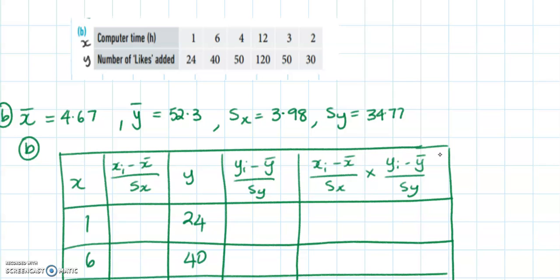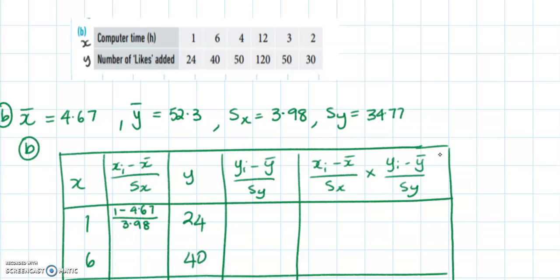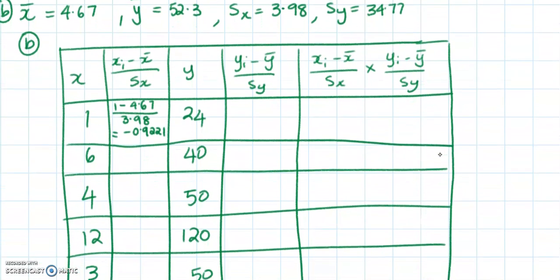You take away the mean for your x variable, which is 4.67, and then divide that by your standard deviation for your x variable, which is 3.98. We calculate that and end up getting negative 0.9221.